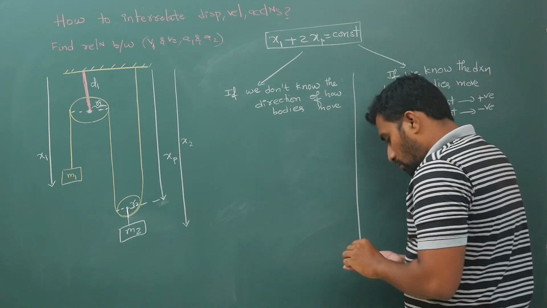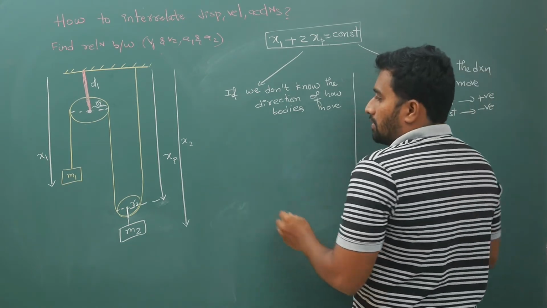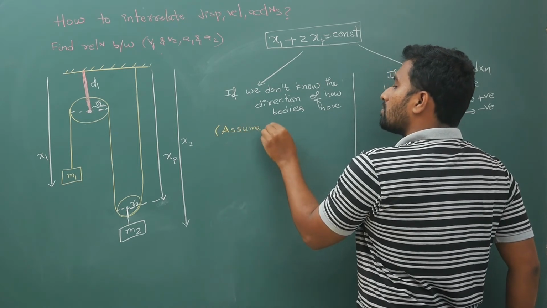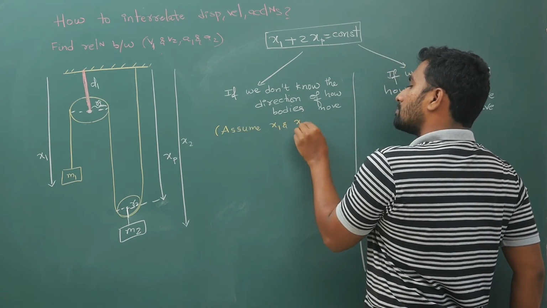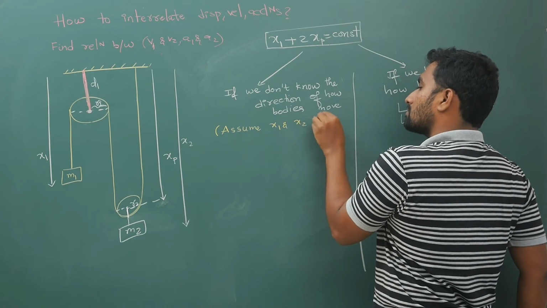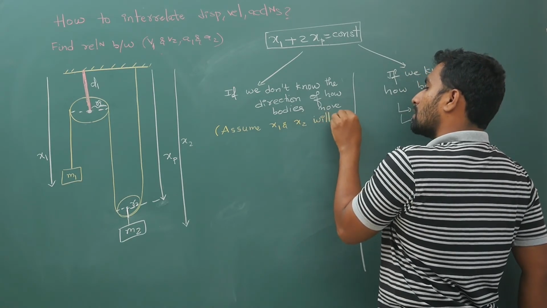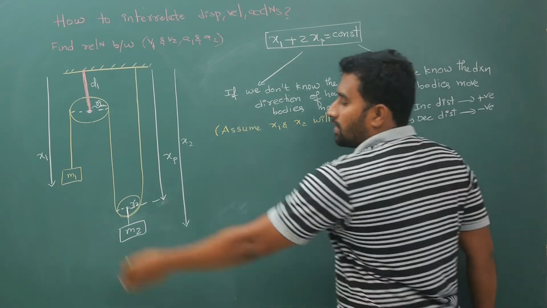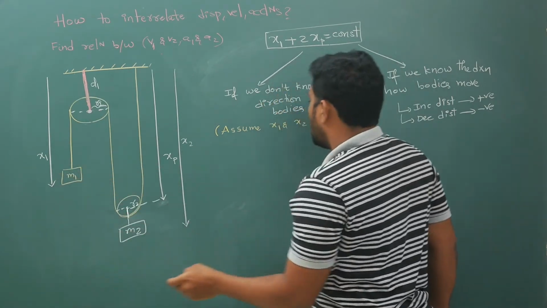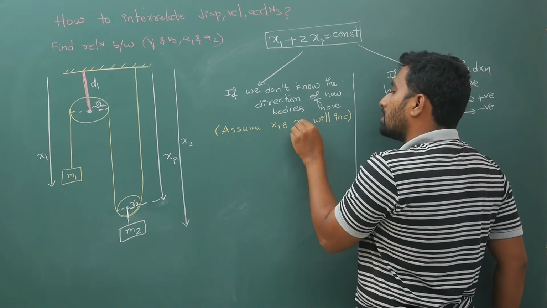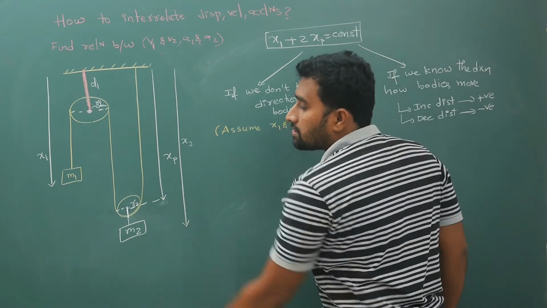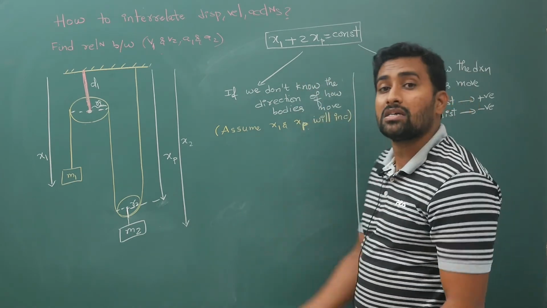So now what I will do is, I am assuming x1 and x2 both will increase. That means x1 is coming down, and xp is also increasing, so this is also coming downwards, I am assuming, because I do not know.